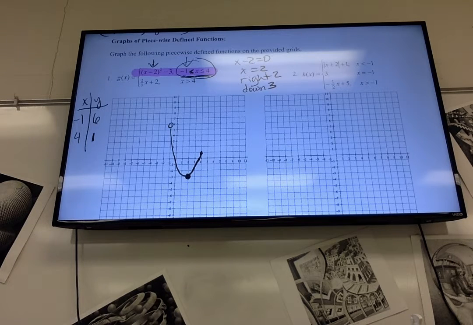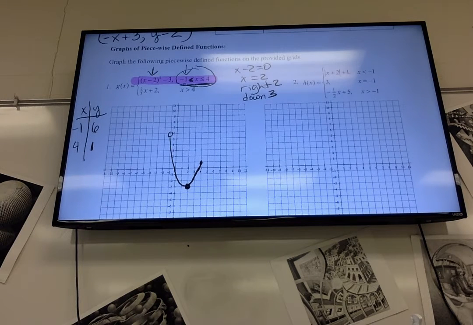Now it doesn't keep going because it says it starts and stops at -1 to 4. Now I've only done that first part. That's the pink one. I color-coded that just so you can see the pink one.